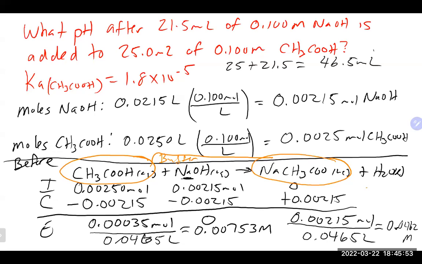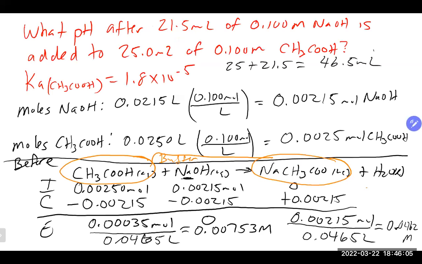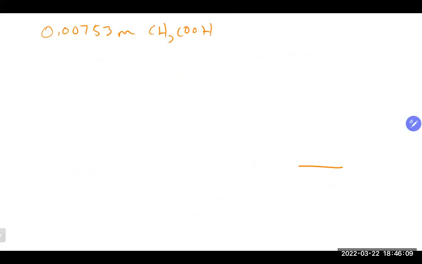So we have 0.00753 molar for acetic acid, and we have, what was our number there? 0.0462 molar sodium acetate.